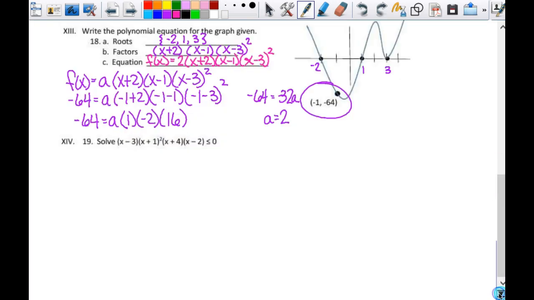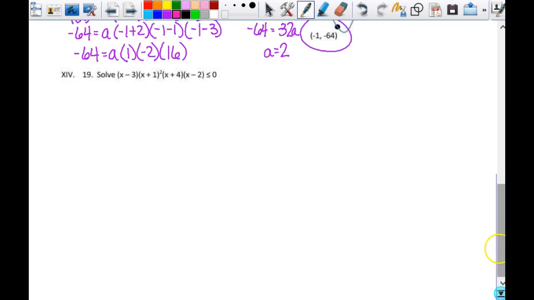So now I'm going to solve this inequality here. Actually, let me just go ahead and look for my roots. So I'm going to go in order here.